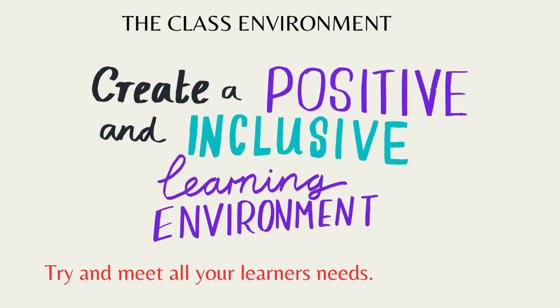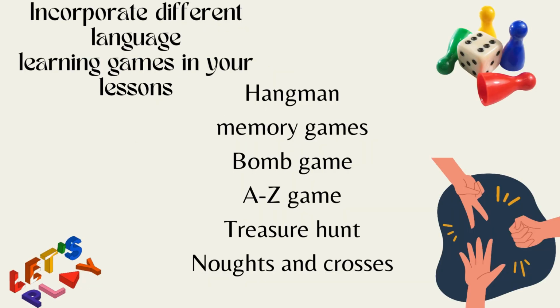Make sure that your learning environment meets all the needs of the learners in your classroom. We know that we have different groups of learners. Some are high achievers, some are slow learners. Make sure that your learning environment is inclusive and that everybody is engaged at whatever level in the classroom.